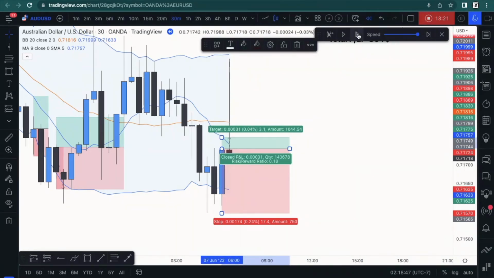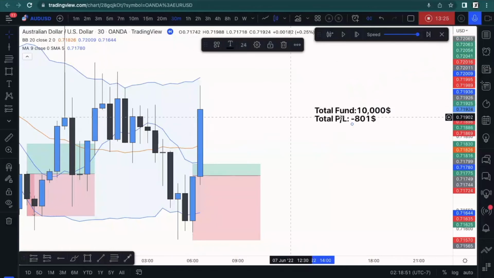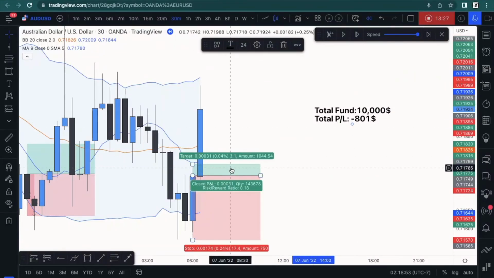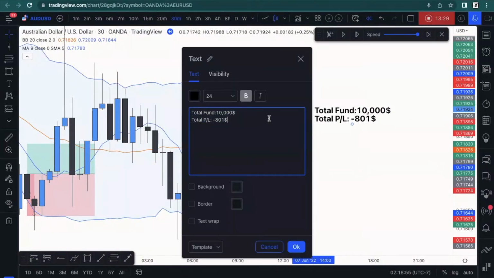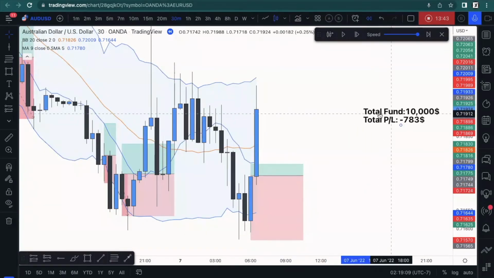Well, price did go up, but unfortunately that is not our strategy, so we did make $18 out of it. So what is it, I'm kind of losing math right now. So we will be having $783 loss.